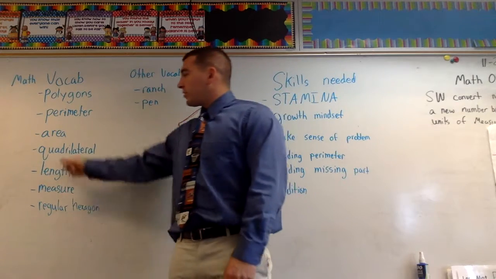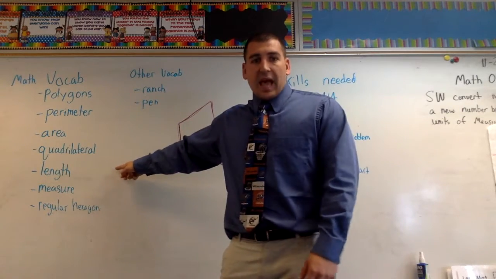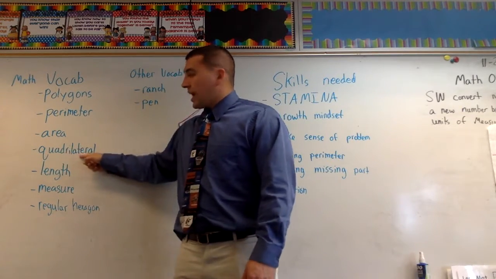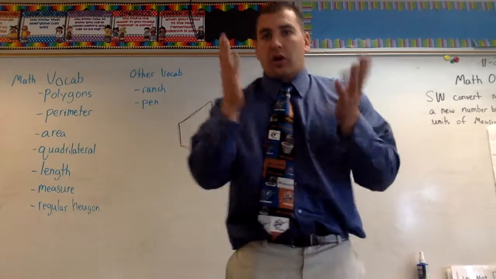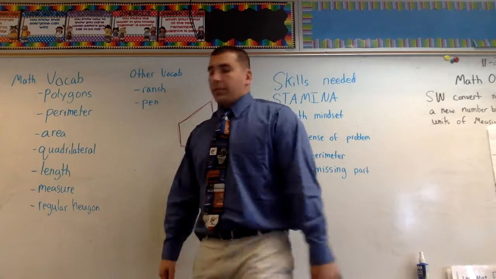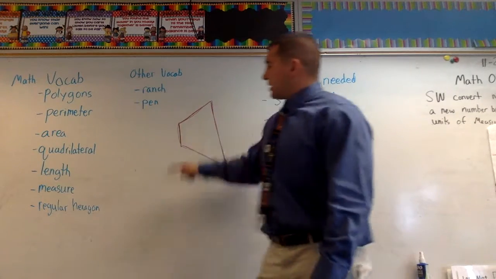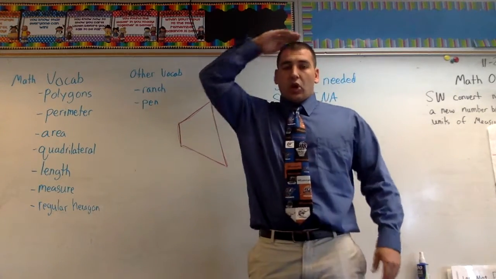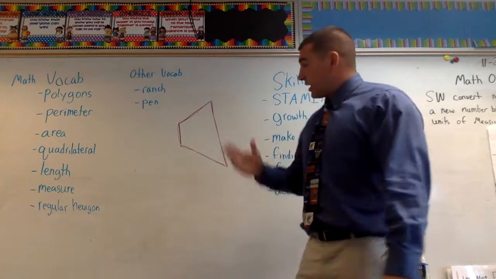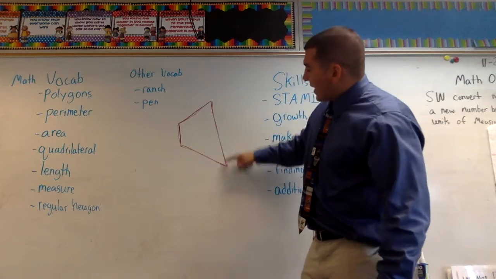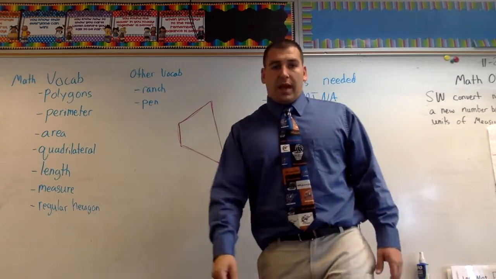The word quad means 4. Lateral means sides. Quadrilateral means any shape with how many sides? You guessed it, 4. So we're going to get that word quadrilateral here, okay? Length. That is the measure of something. You can measure how tall you are. That's your length, how tall you are. You can measure the length of anything. So when it talks about the length, it means the measurement of that.